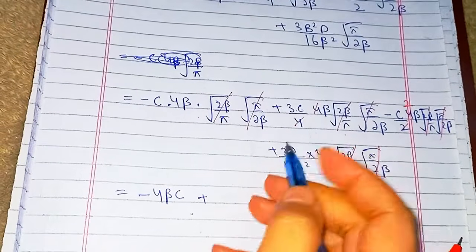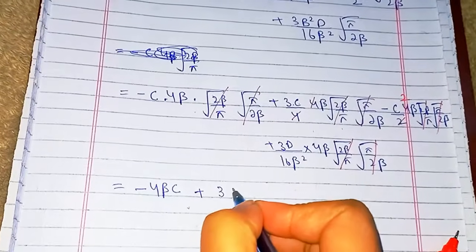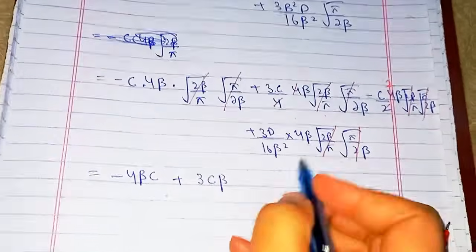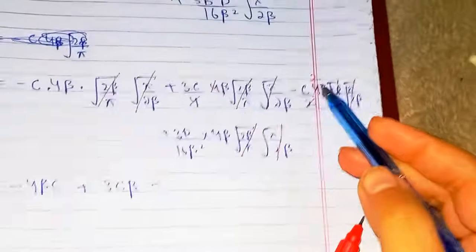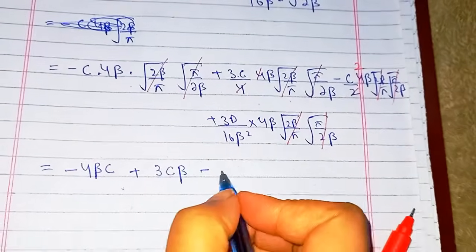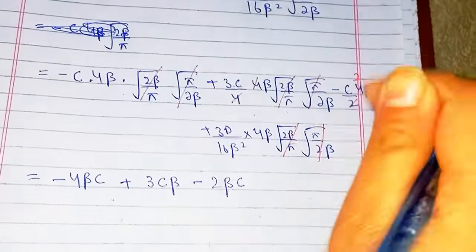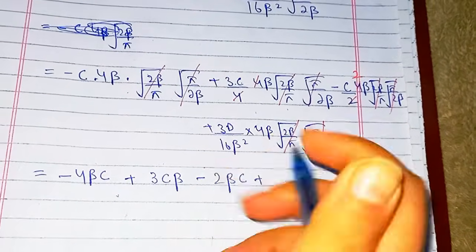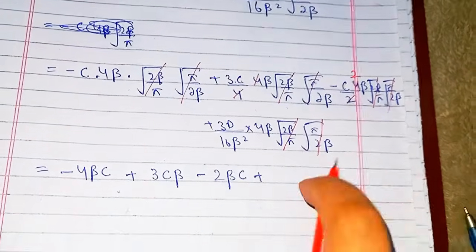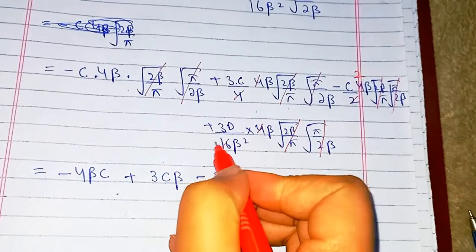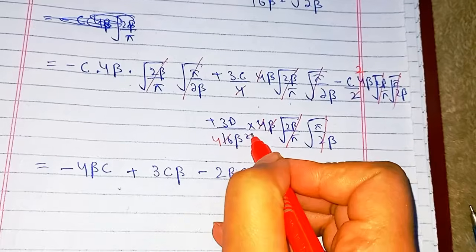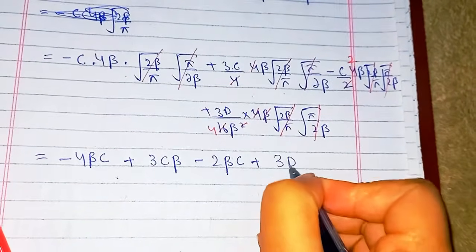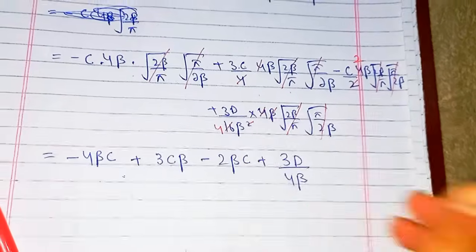It's 3c beta that is left behind, and it's 2 beta c, everything else cancels out. And here let's see what remains. It's 4 4s are beta, one of the beta cancels, and it's 3d by 4 beta that is left behind.